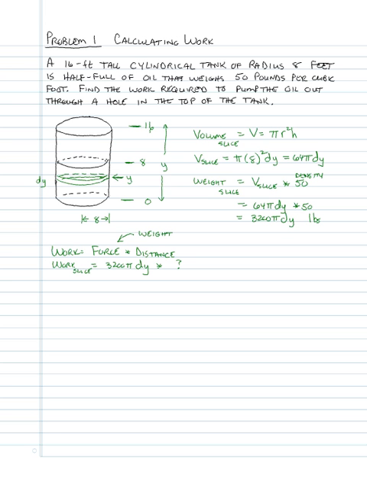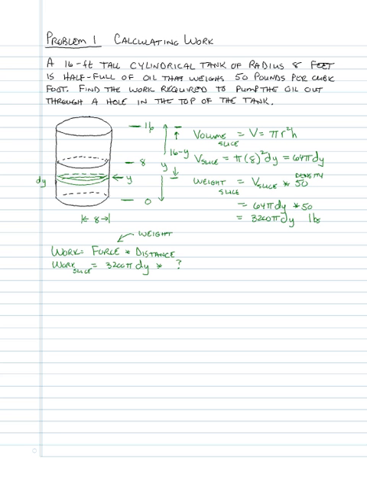That's the y level. Well, how far is that being lifted then? It's being lifted from its level all the way up to 16. And that would be 16 minus y. Okay, 16 minus y, because the entire height is 16, and we're not having to go the first y amount. So that's being lifted from 16 minus y.